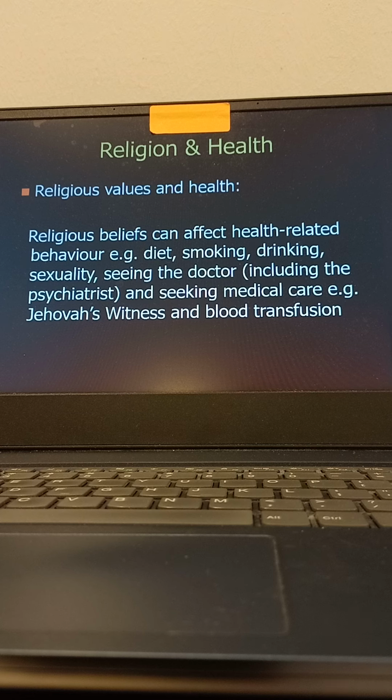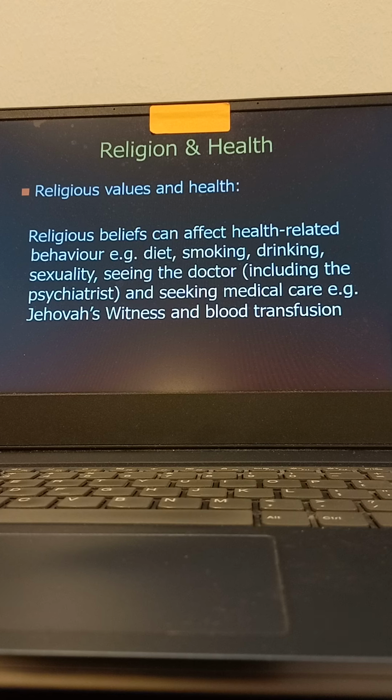Sexuality, right? So people's sexual behavior can be affected by religious beliefs. Seeing the doctor, including a psychiatrist, and seeking medical care, for example, among the Christian denomination known as Jehovah's Witness, the devotees typically want to avoid having blood transfusions, right?